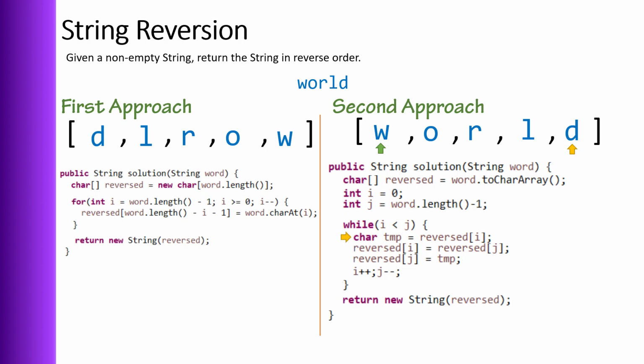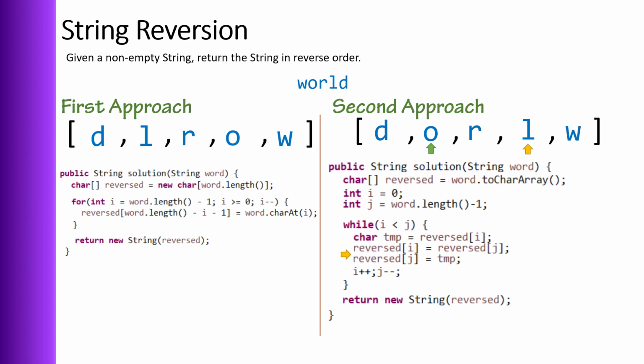So for this, we would be creating a temp variable which would hold the value of the left cursor, and then assign the value of the right cursor to i. And then for j, for the right cursor, we'll put the value of the temp there, and then we can now increment and decrement our left and right cursors.